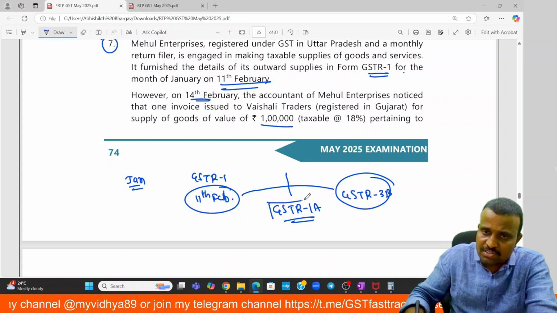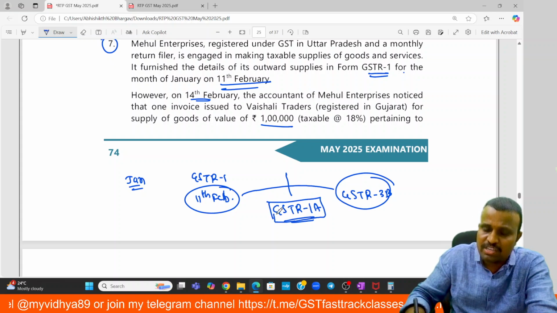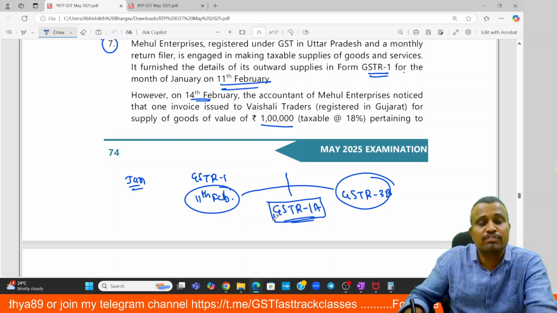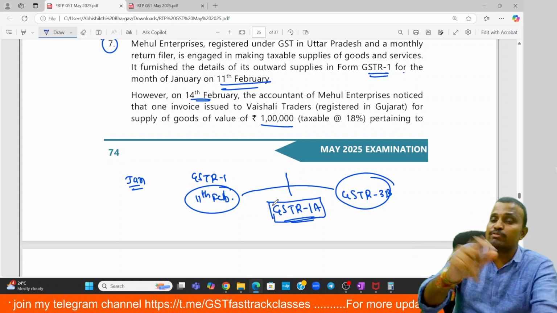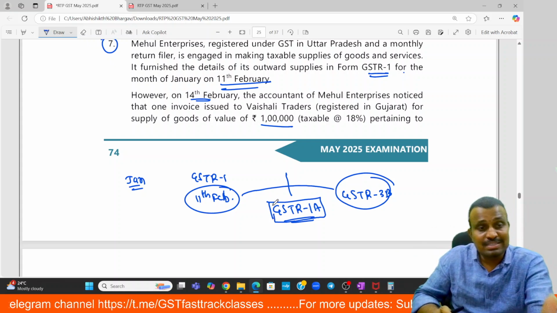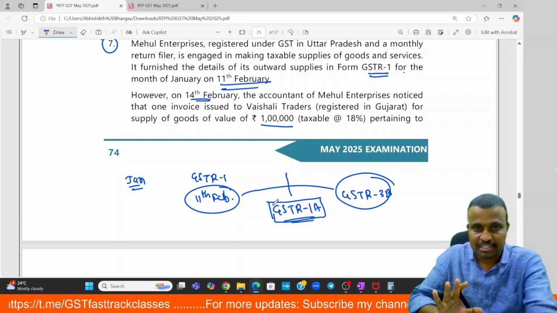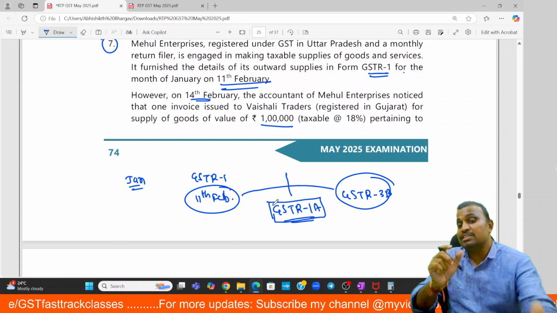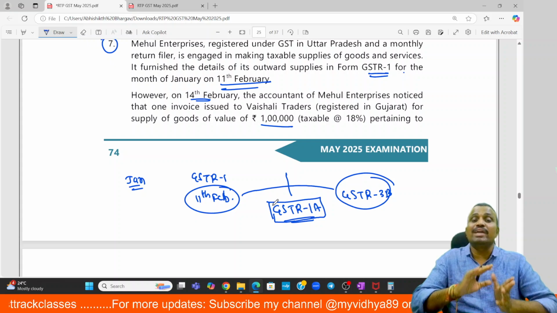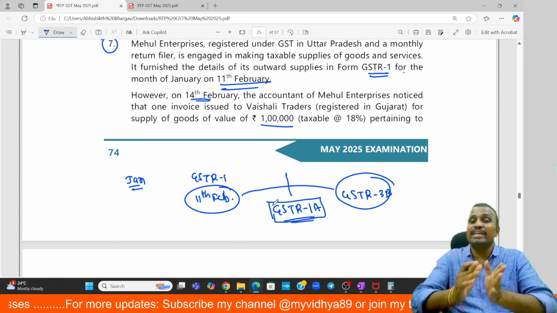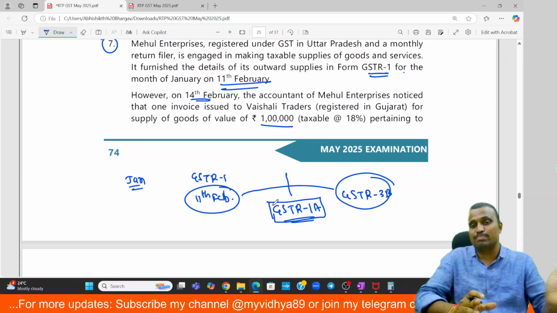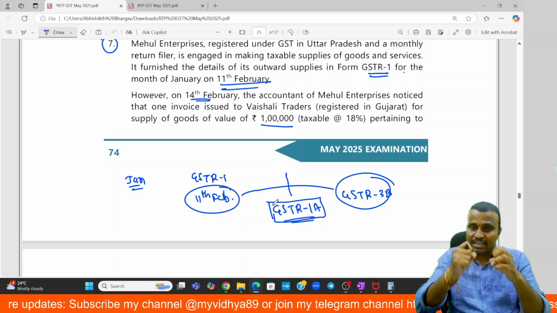So GSTR 1A must be filed only after filing GSTR1 but before filing GSTR 3B. Second, GSTR 1A can be filed only for the current period. In the GSTR 1A, you can't give any amendments or rectification relating to the previous periods. Only for the current period.